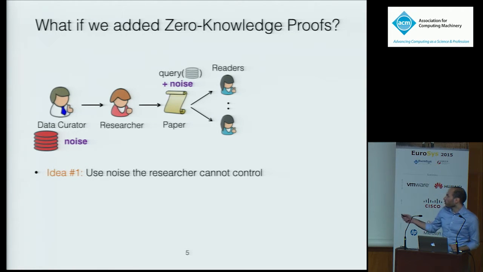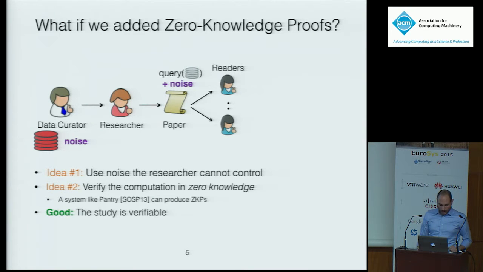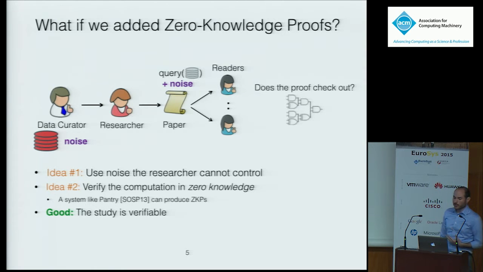Then the researcher would go ahead and publish a noised result, but using that noise, which is chosen in a safe way. The second thing that the researcher can do is use a tool, a system like Pantry, to produce a zero-knowledge proof. And then the readers could get the proof and check that the computation contained in the paper is correct.